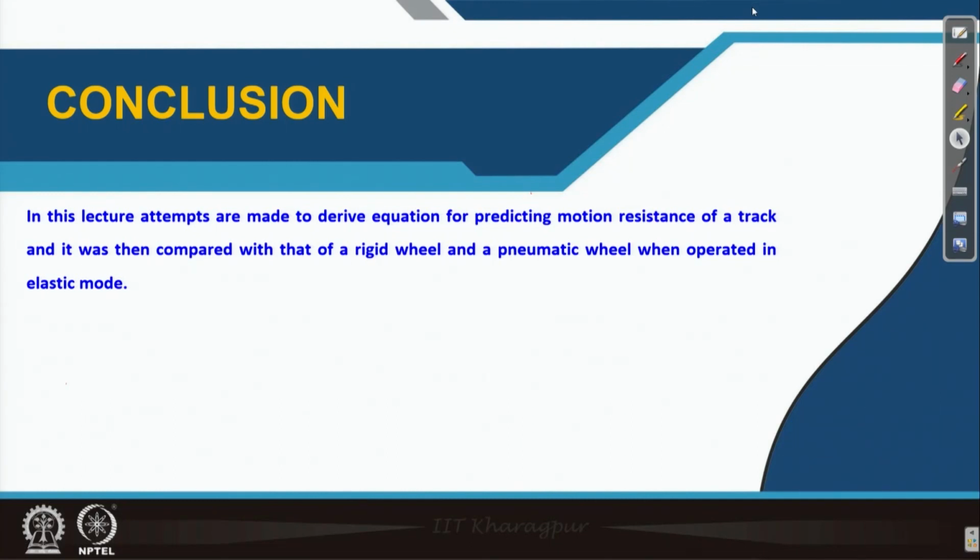Briefly, I derived the equation for predicting motion resistance of a track, and then verified how it is different from a pneumatic wheel or towed rigid wheel.